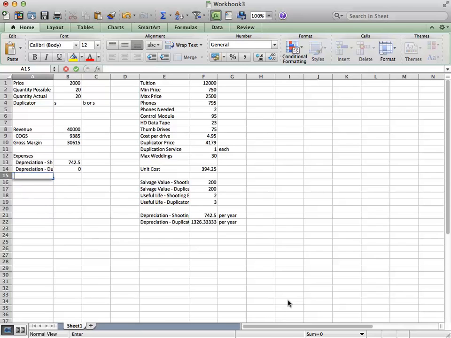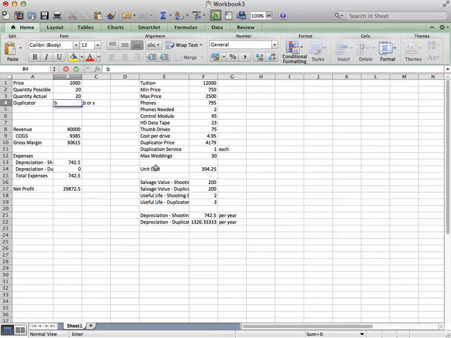Okay? And so we have total expenses. Now, in reality, he would probably have other expenses like business cards, website, cell phone, other things of that nature. But this is a fairly simple problem. And then his net is the gross margin minus his total expenses.